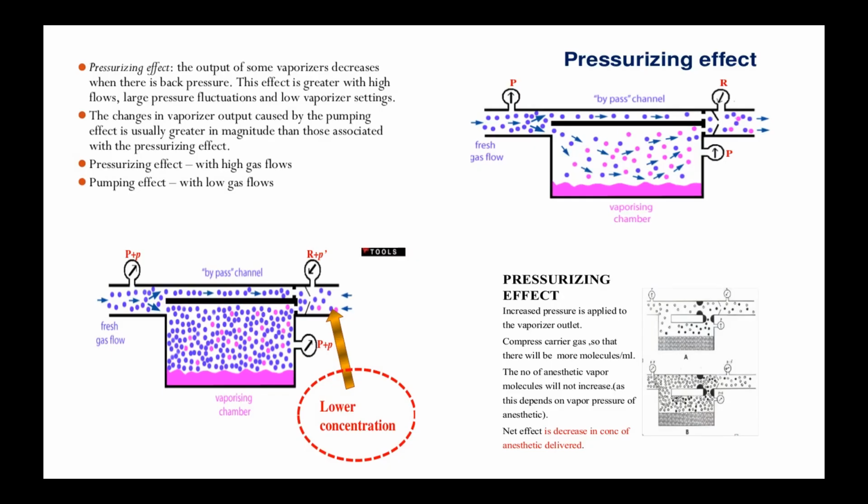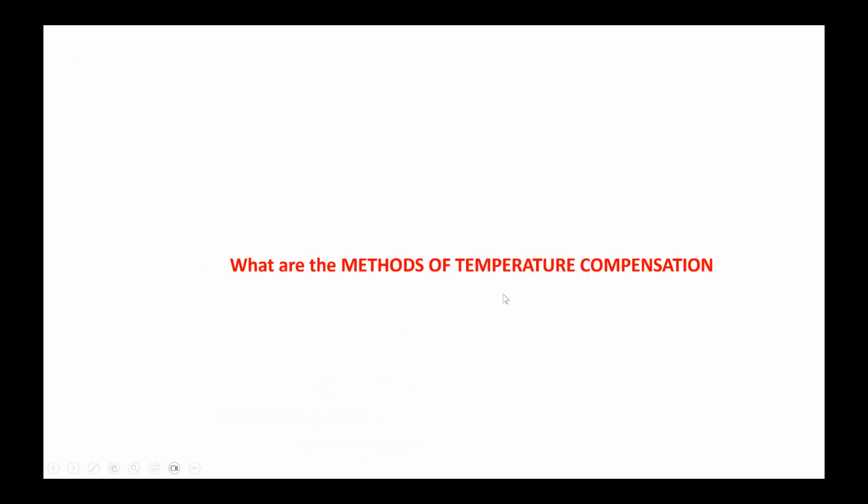Whether you understand the detailed mechanism or not, this is the answer that you have to give in the exam. Pumping effect increases the concentration delivered by the vaporizer. Pressurizing effect decreases the concentration produced by the vaporizer. So this is the picture, and if you remember that much, it is enough.